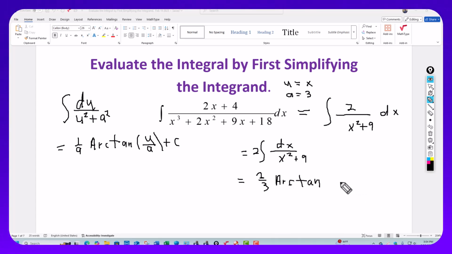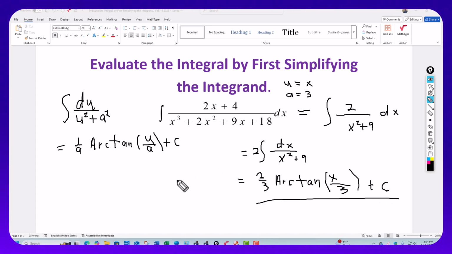In our case, u is x, so this would just be x over a. A is 3. That's plus the constant of integration. So the final answer to this one is 2/3 arctangent of x over 3 plus the constant of integration.